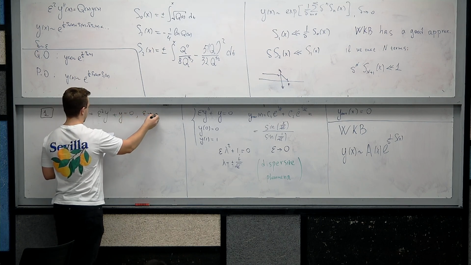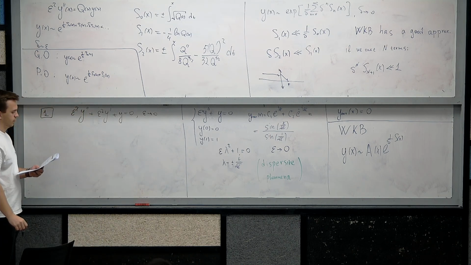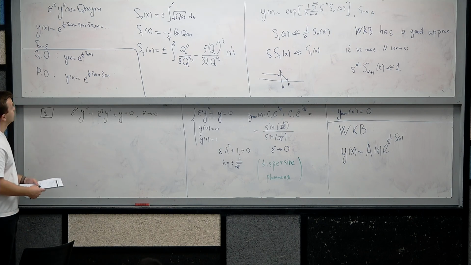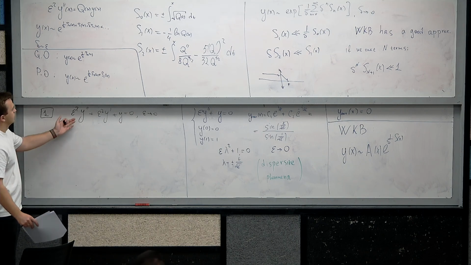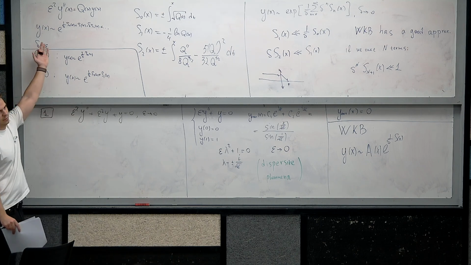As epsilon goes to 0, we need to find, using the WKB method, the first order approximation. As you may notice, it's not the same form as we have here.